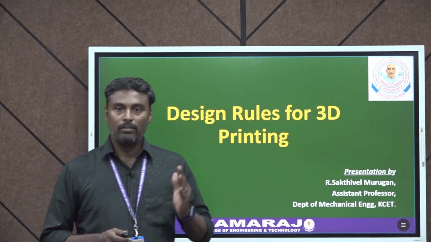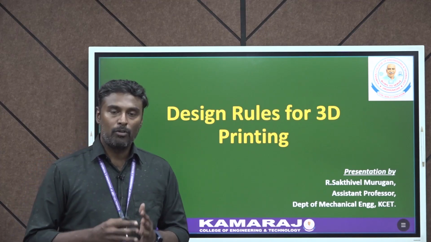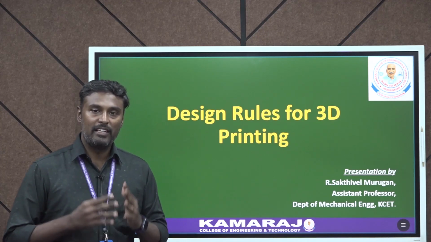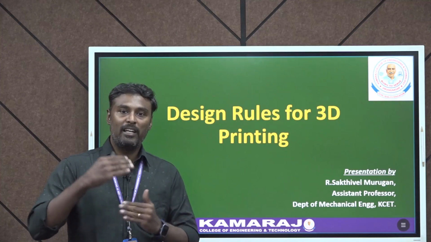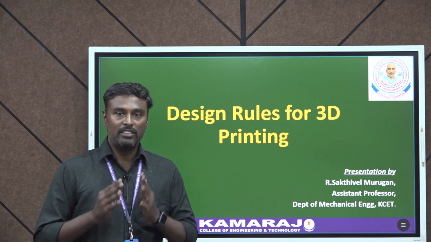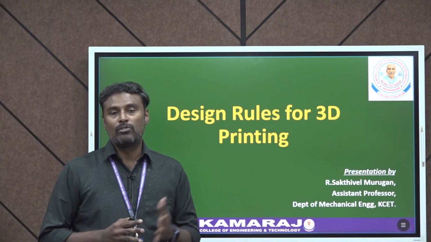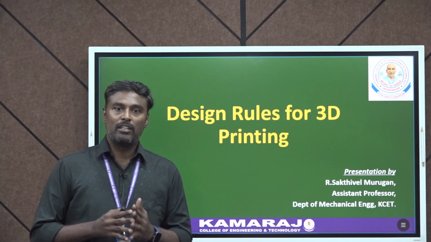Okay, so first let us start. In the earlier videos, we discussed what the additive manufacturing process is, the introduction, how the layer by layer additions happen and how 3D printing happens. But in this video, we will focus only on the design rules. So why are the design rules important?